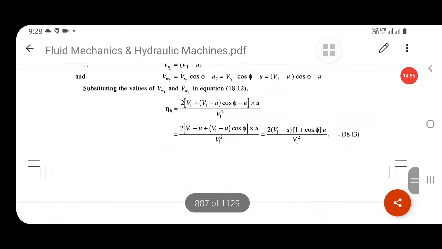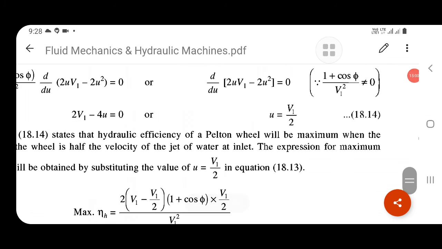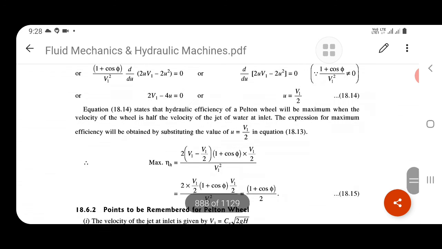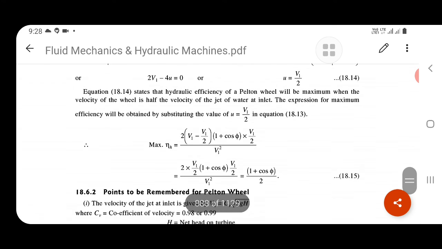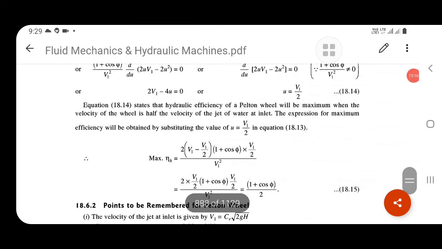So next is maximum efficiency. So in this equation, we put U is equal to V1 by 2. After calculating this equation, the maximum efficiency is (1 plus cos phi) upon 2, as shown in the figure. So first, U is equal to V1 by 2.